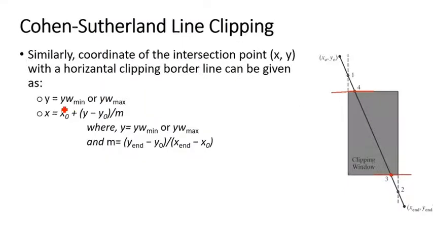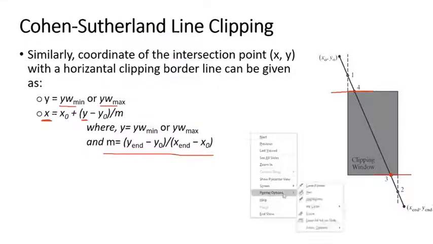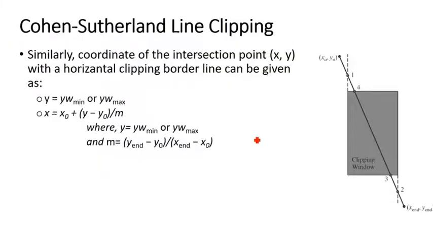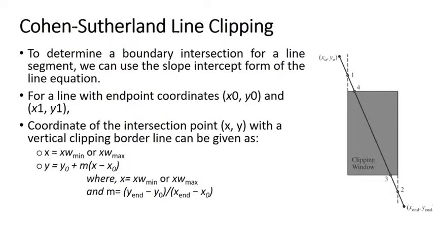Using the same formula that I discussed earlier, the x can be found out here, but the y will be y min or y max depending on whether I am clipping with the top edge or the bottom edge. So the slope as usual will be the slope of this line. So using this formula I can calculate my intersection points. So now before even going to the example, I'll just repeat what we have to do.